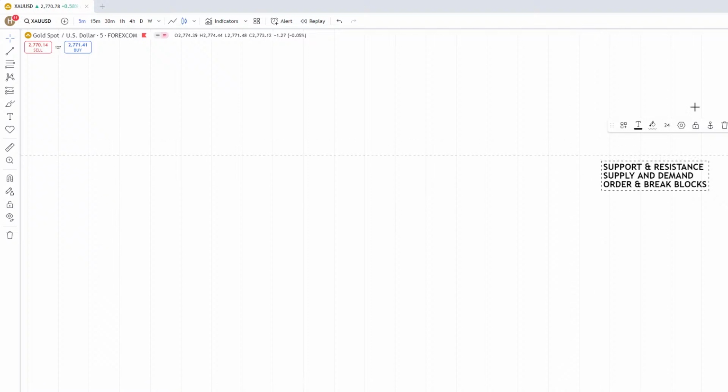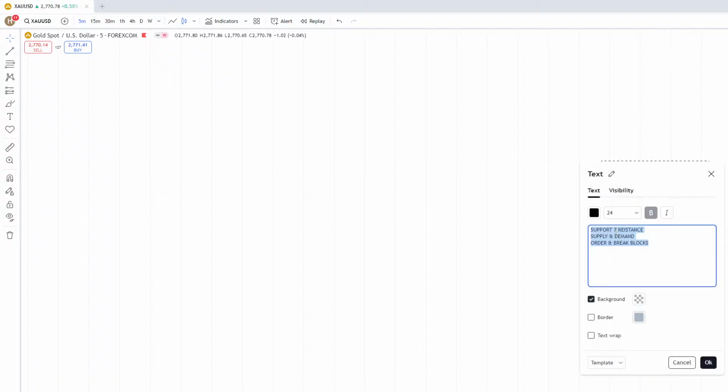So these are basically the reactive zones I use when I'm trading: support and resistance, supply and demand, and order and breaker blocks. Let me write them again. These are the reactive zones I use when I'm trading Forex.